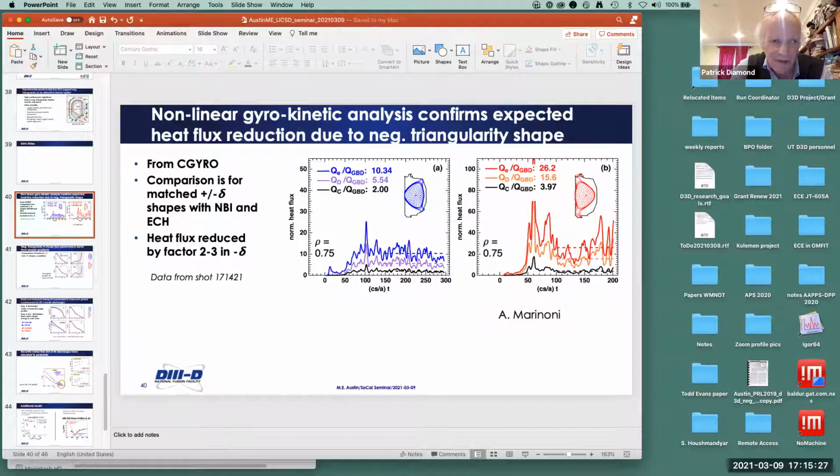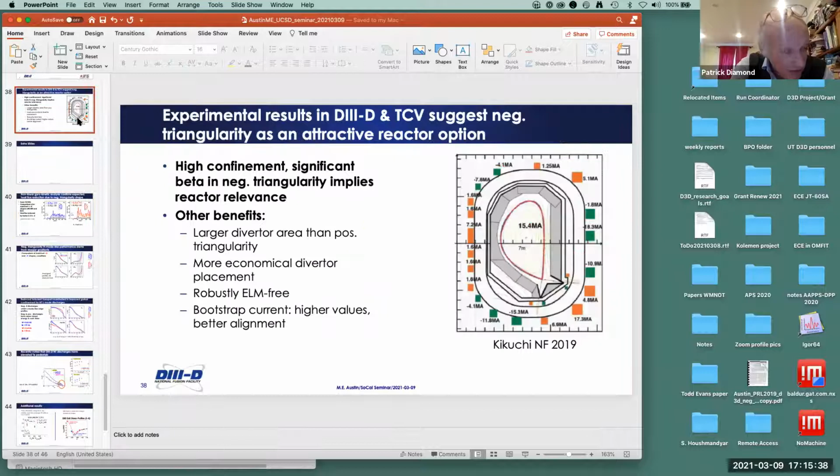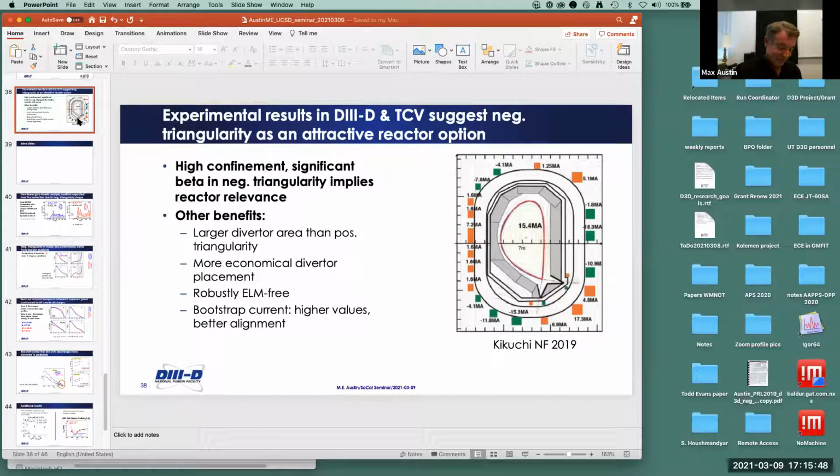Well, I'll have one more. Since these days you have to speculate on reactors, and whenever you come to reactors, immediately at the top of the mind come disruptions. What's the lowdown for negative triangularity on disruptions? Well, as Carlos Paz-Soldan presented, it doesn't solve anything necessarily there.